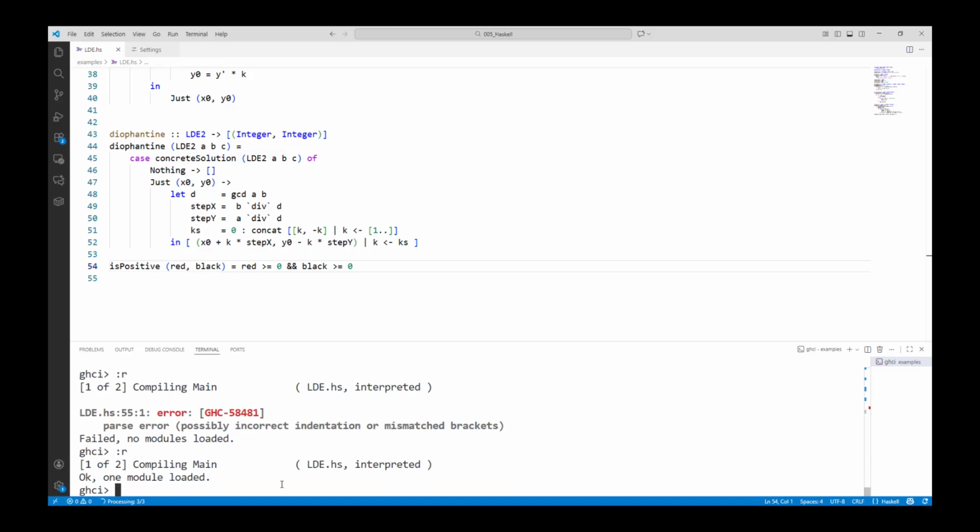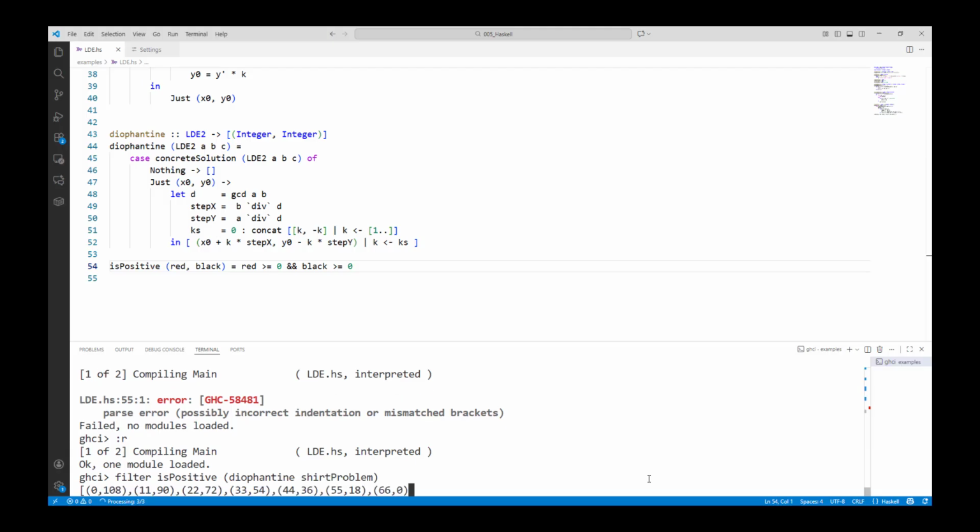Okay, reload. Now it's working. And I said filter is positive, Diophantine short problem. And these are all positive results, which is something.